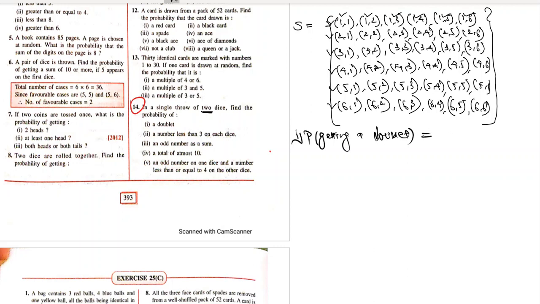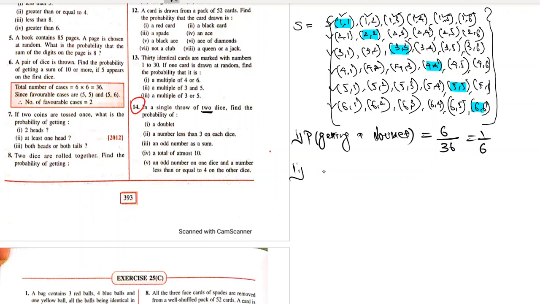How many doublets do you see here? Now I would just like you to pay attention to doublets: 1 1, 2 2, 3 3, 4 4, 5 5 and 6 6. These are the doublets. How many doublets do you see over here? 6. So the number of favorable outcomes is 6 and the total number of outcomes is 36. So the probability of getting a doublet is 1 by 6.